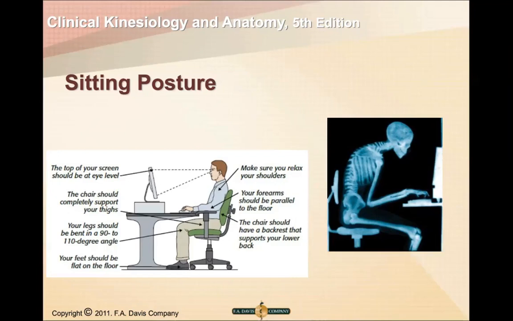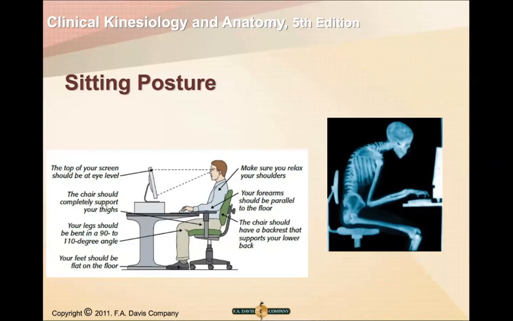So let's look at this from the ground up. Obviously it's more comfortable, and you can probably attest to this, if your feet are flat on the floor. Now, when you're sitting in your chair, you want your knees bent to a 90 to 110 degree angle.